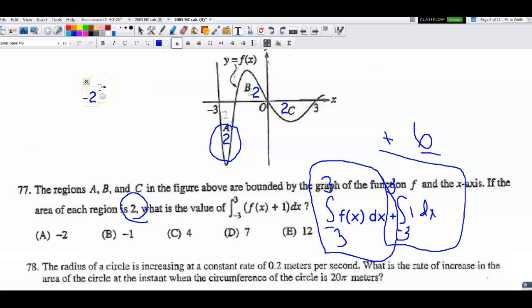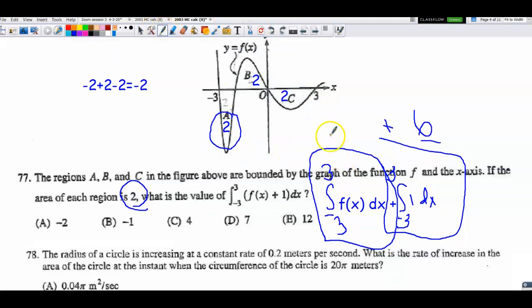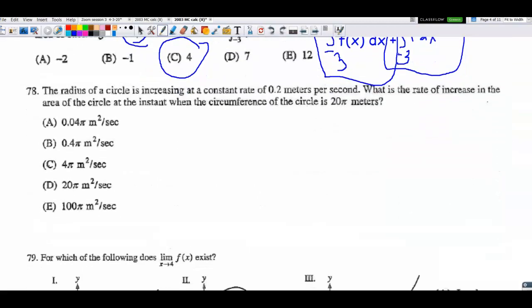The next region is above the x-axis, so that's +2, and they undo each other. The next region is below the x-axis, so that's -2. Combined, -2 and 2 is 0, and -2 gives you -2. So we have -2 plus the 6, which gives a total net area of 4. The key here is using your integral properties to do that problem.